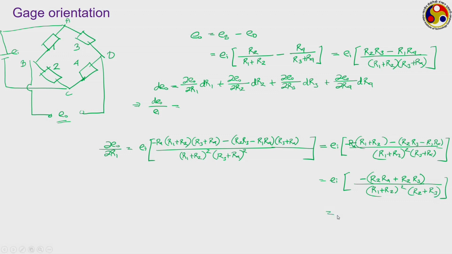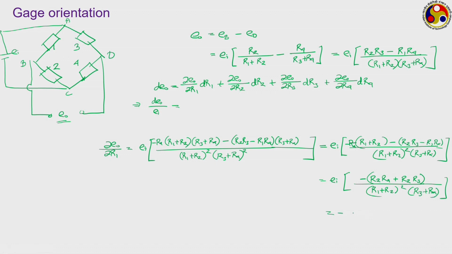And if we simplify it even further, taking R3 plus R4 common, this is R3 plus R4.